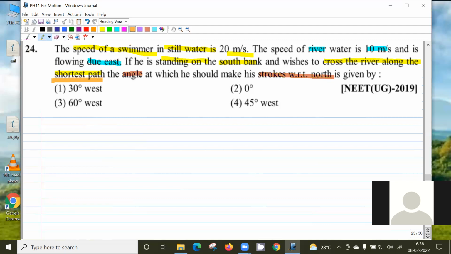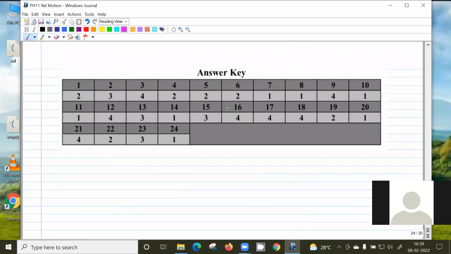When you want to measure the path length or the distance, you have to choose the frame attached to the river bank. When you want to measure time, shortest time or something, you choose the reference frame attached to the river, because time is not going to change, and it's easier. But here it's a path, so you choose the frame attached to the river bank. So solve this problem. 30 degrees, option 1.